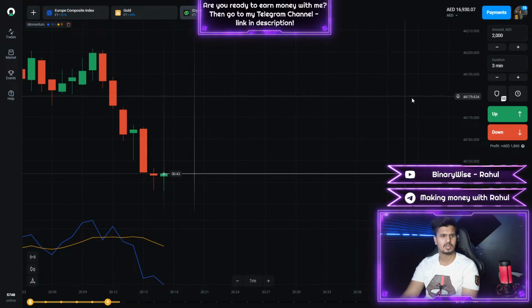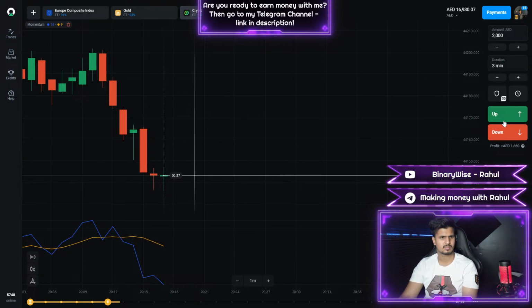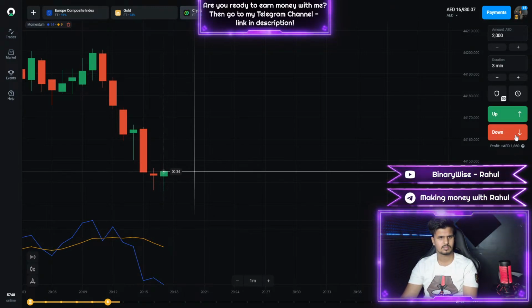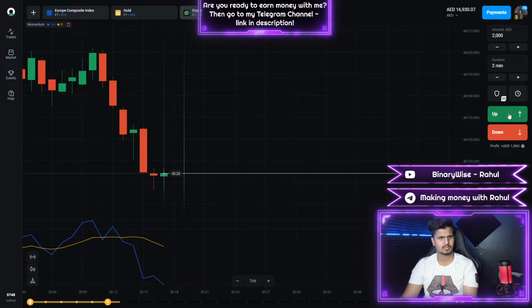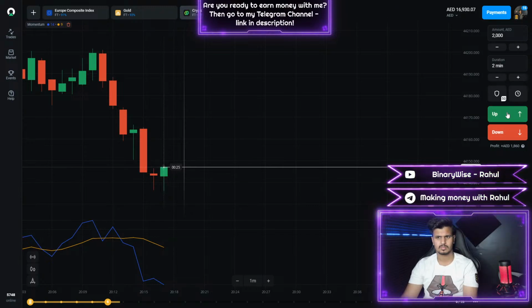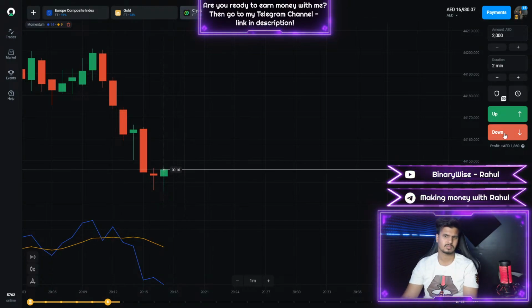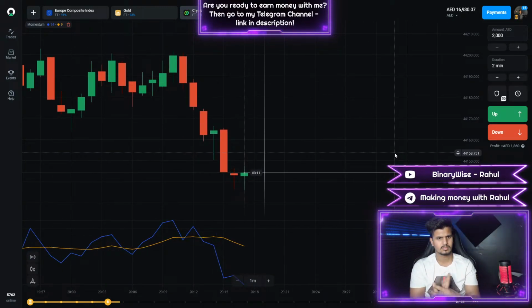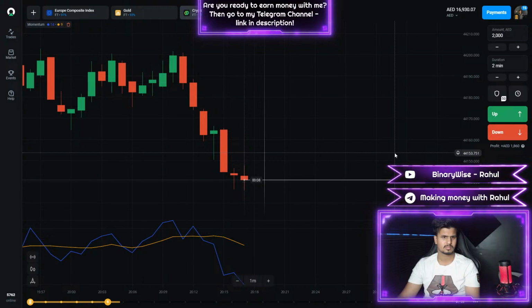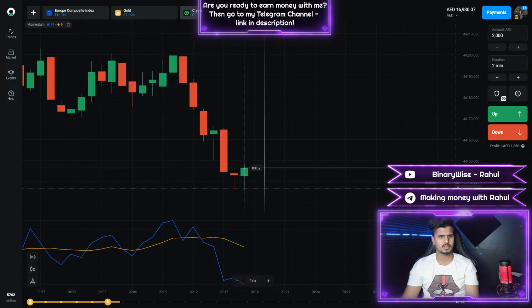This is the crypto, and let's check another one. 7, 6, 5, 4, 3, 2, 1, and a hammer is finally formed here.